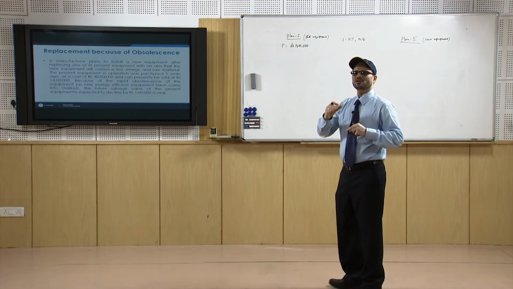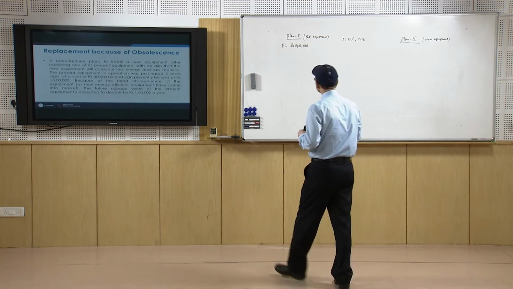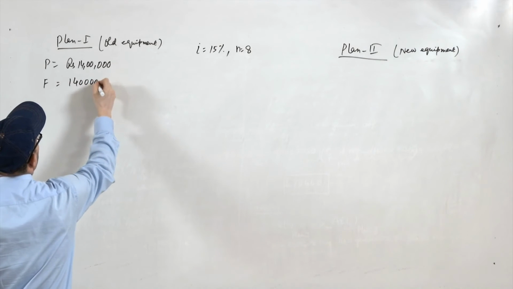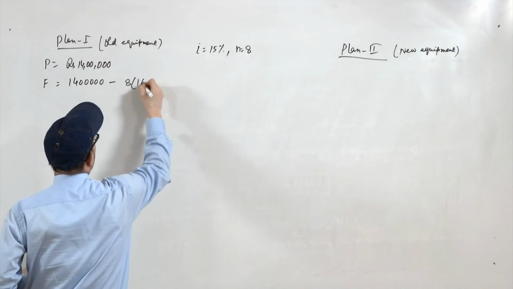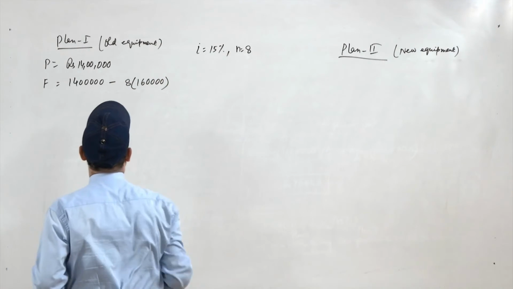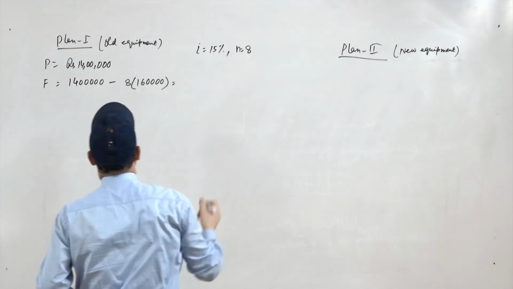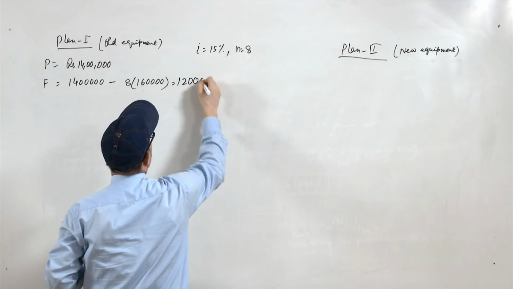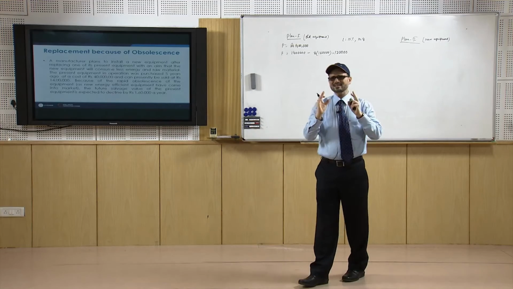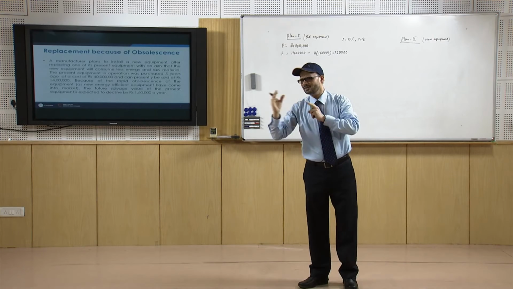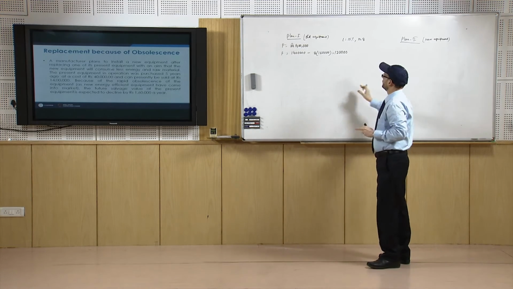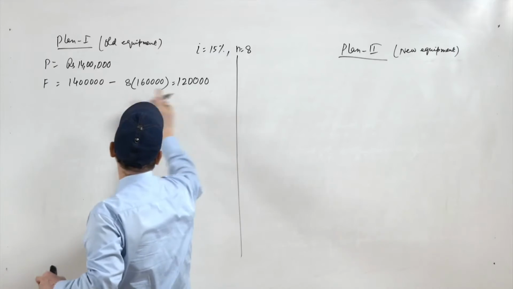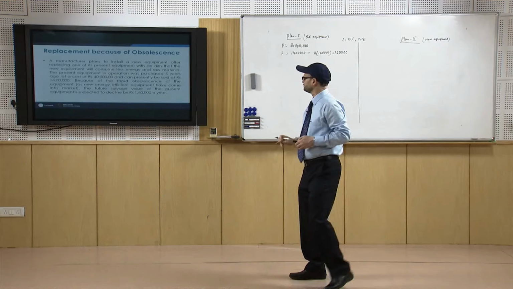So, if you are using it for 8 years, the future salvage value after 8 years will be 14 lakh minus 8 times 1,60,000, which is 1,20,000. Because we are taking the study period as 8 years, a comparative period for both.